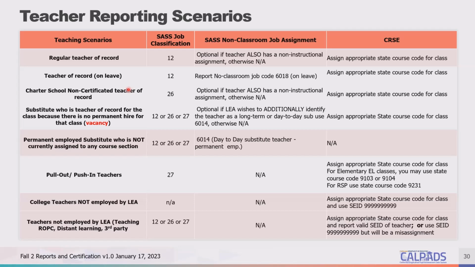However, if the teacher of record is on leave, this is the way you have to report them in CalPADS. You submit their staff demographics, you submit their job classification under the staff assignments, and then you report them with a non-classroom job code of 6018, which is teacher on leave, and then you still assign their SEID to the course that that teacher is teaching.